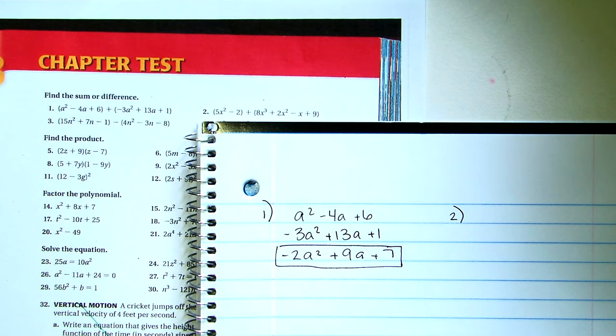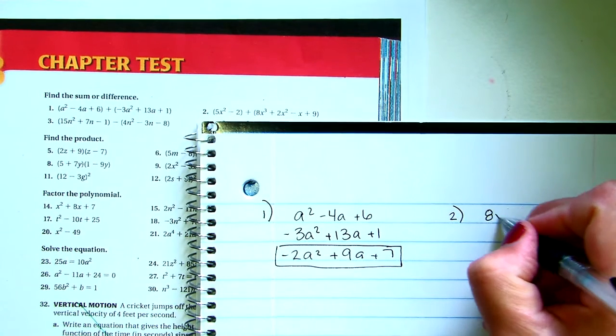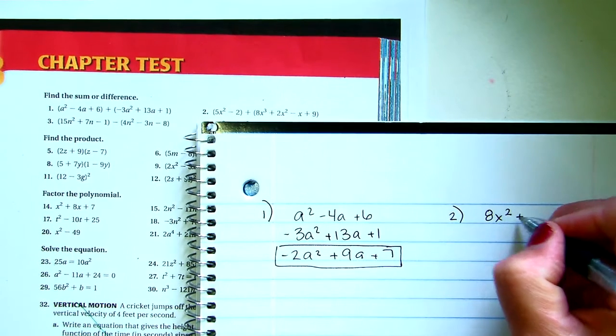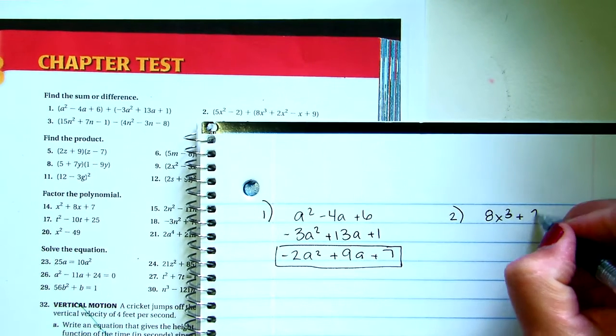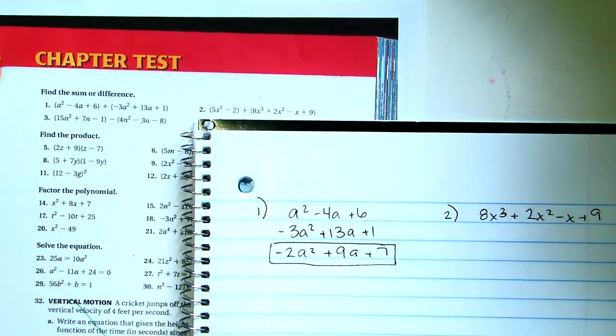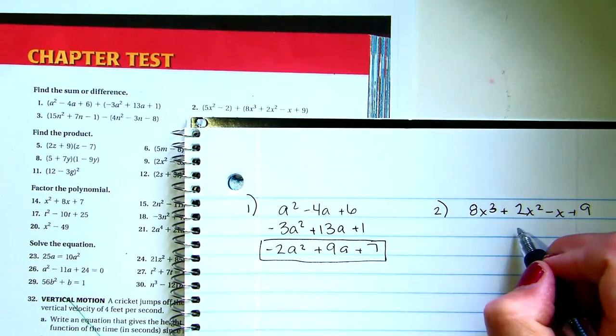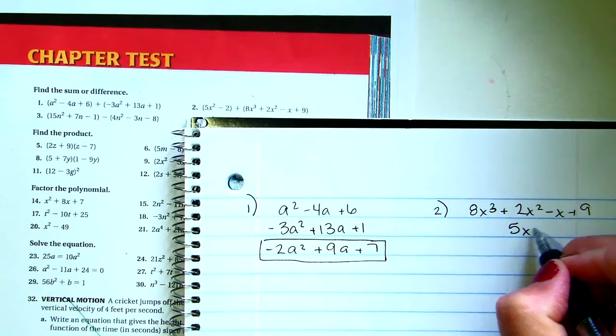Because in the second parentheses I have more terms, I'm actually going to rewrite this and put that as my first grouping. And below it, I'm just going to make sure that I align all of my like terms appropriately.